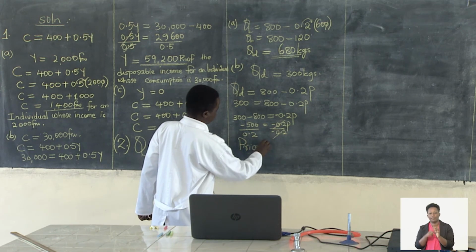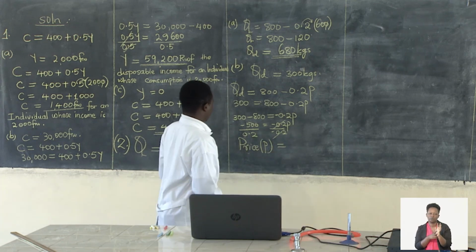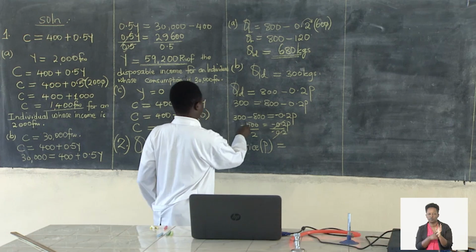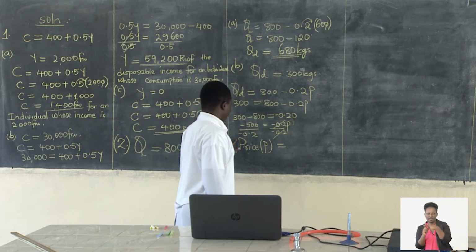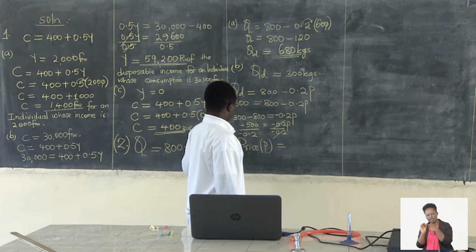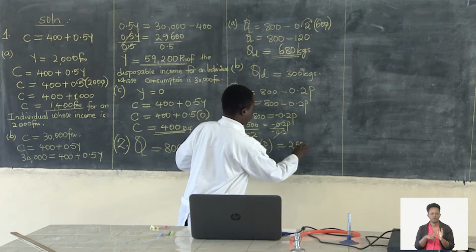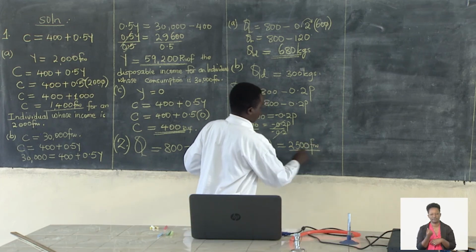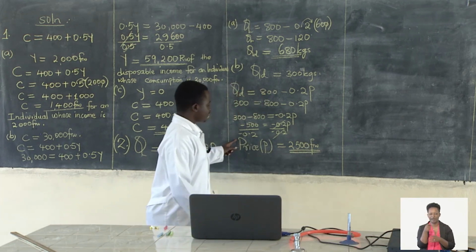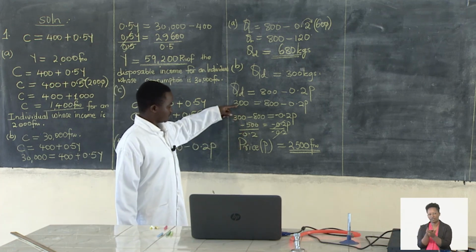Our price P will be, a negative divided by a negative is a positive, 500 divided by 0.2, which gives you 2,500 Rwandan francs. So that will be the price of the commodity when quantity demanded is 300.